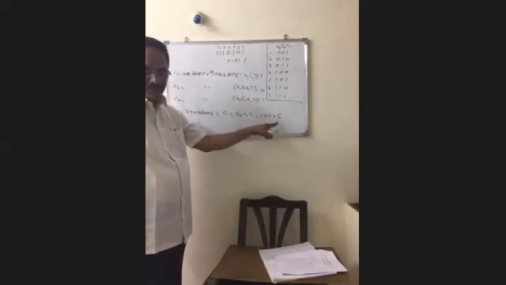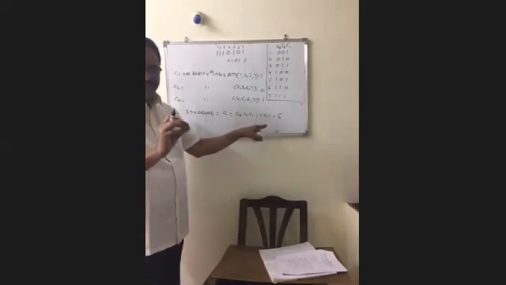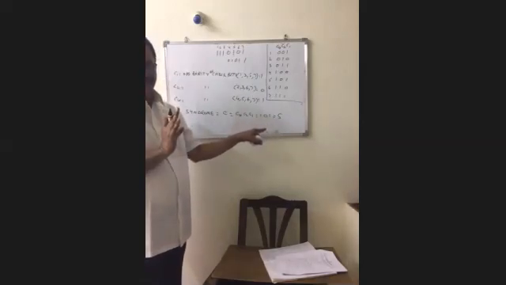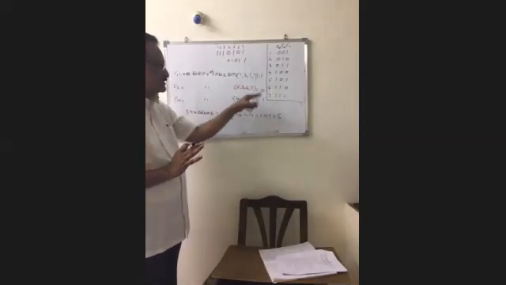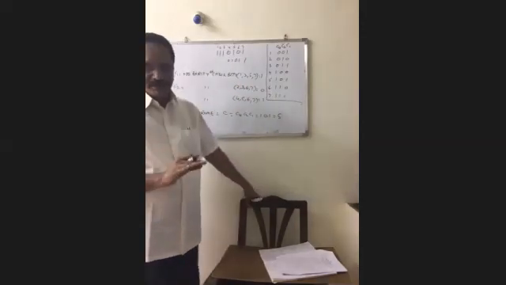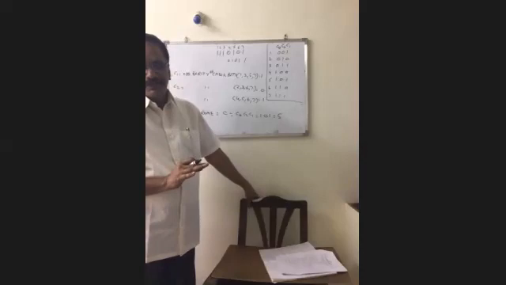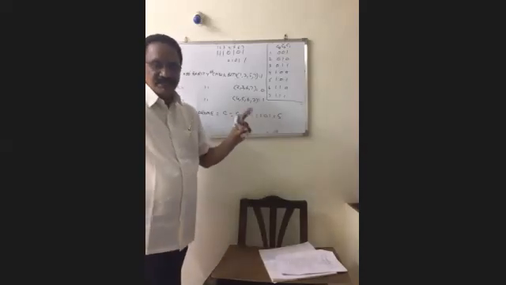If the syndrome is not equal to 0, it indicates that there is an error. If C1, C2, and C4 are all zeros, there is no error in the received data.